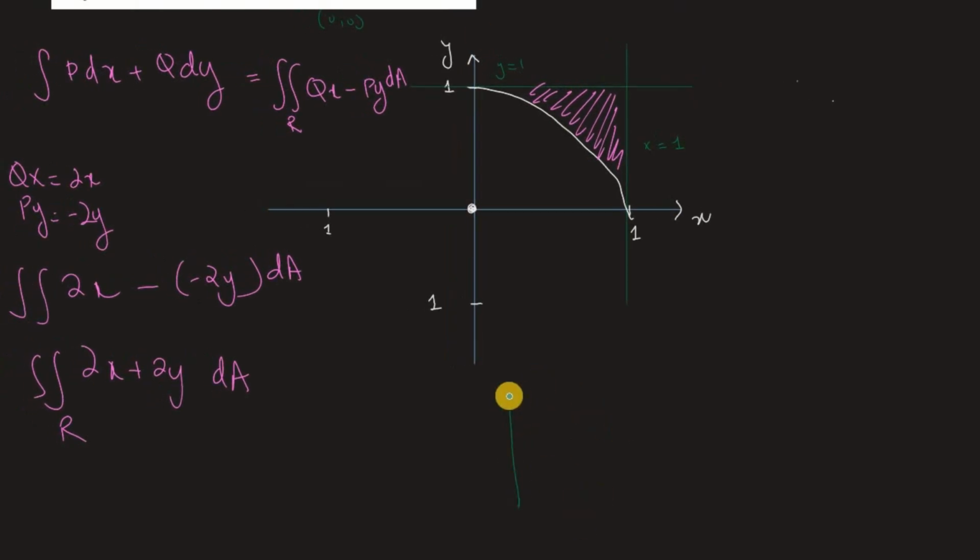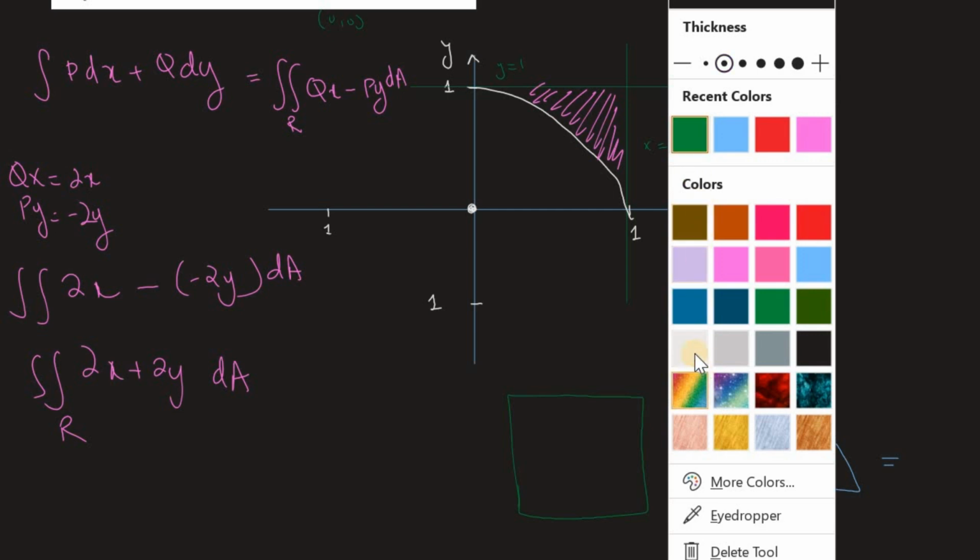If you don't understand, let me explain again. You have this square region over here, right? You're going to take this and then subtract the circular region that you see, from this, which is eventually gonna give you the region that you are looking for.